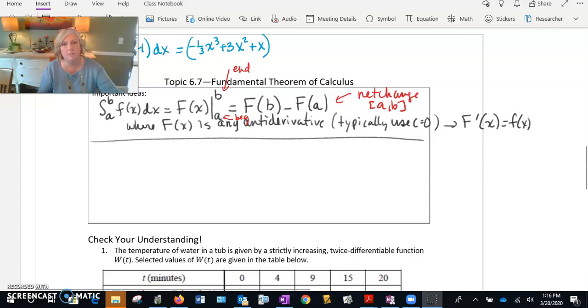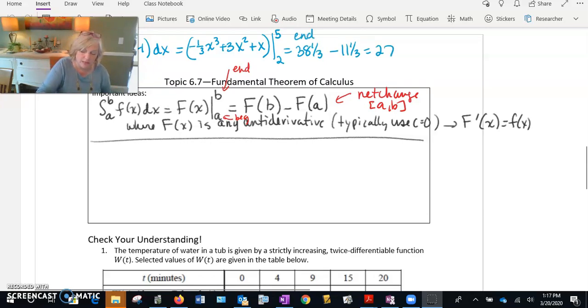Notice that I am not doing the plus c because I'm not doing a general antiderivative. I know that I am evaluating a net change because it's a definite integral. So I show that by putting this evaluate bar from 2 to 5, and then we calculate it. We plug in the 5 first because it's always end minus beginning. So when you plug in the 5, I believe that's where we got our 38 1/3 minus our 11 1/3, which gave us our 27. So do remember it's always end minus beginning when we do that.